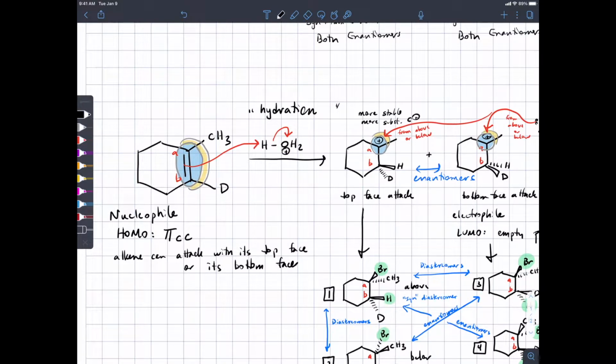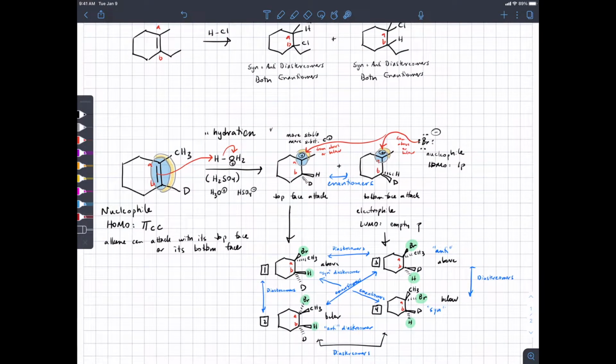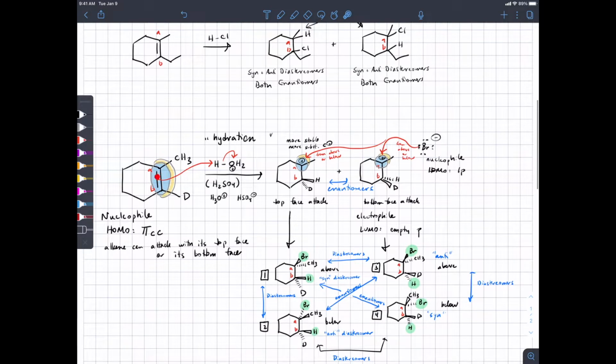If instead we use hydronium, and usually the conditions your text uses for this is H2SO4, but understand that that comes aqueous and it's probably mostly H3O+ and HSO4-. In any case, the first step is identical. Pi electrons attack the proton and water leaves.